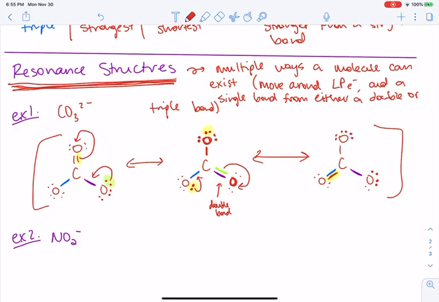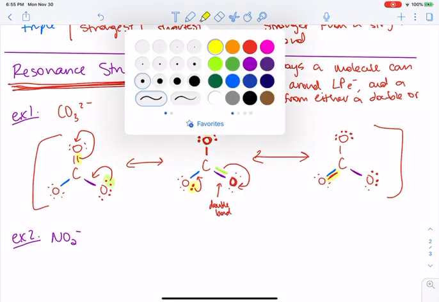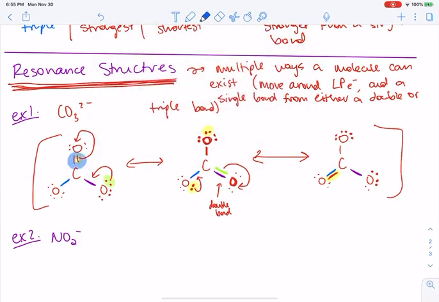I know that was probably a little confusing. We're going to do another example. But essentially, what you need to understand is that this double bond, what color should I use to highlight now? This double bond ends up moving around and is in between each oxygen and the carbon. What's happening, and this is really important, is that as this molecule is just sitting in reality, hanging out, this double bond is constantly moving in between each oxygen and carbon.